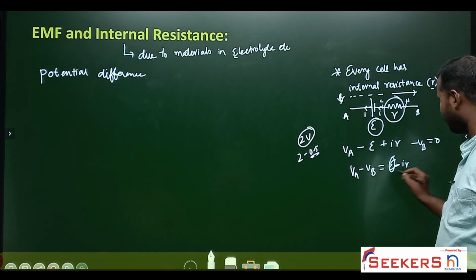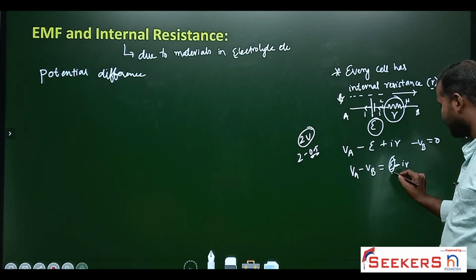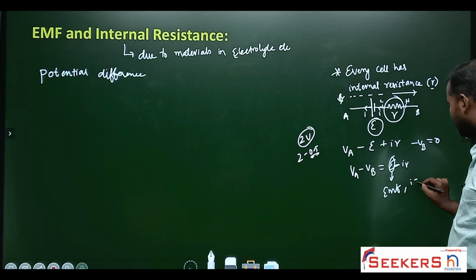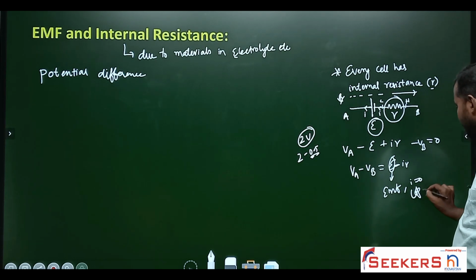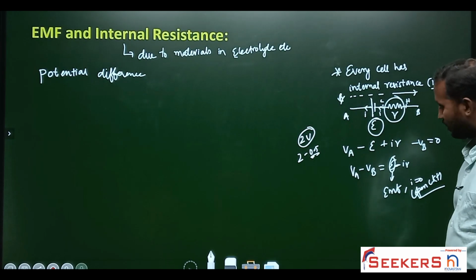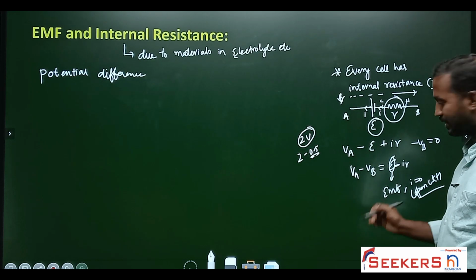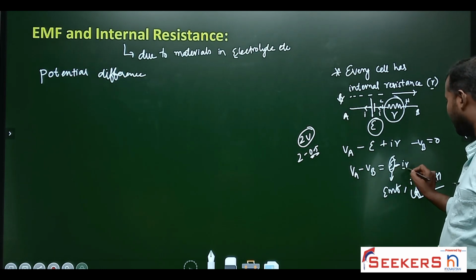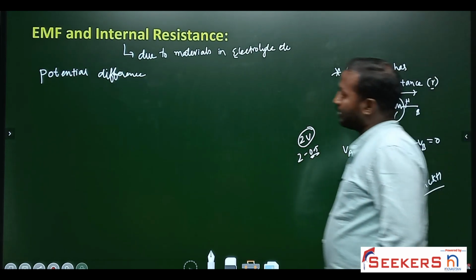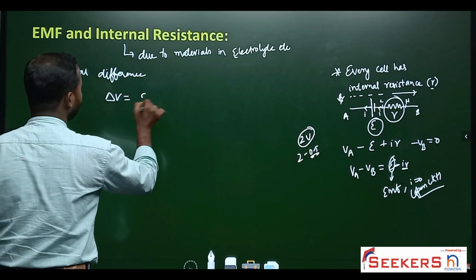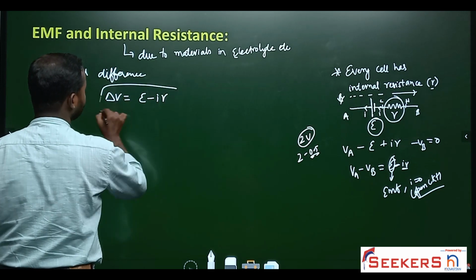Okay, so therefore you can say that EMF is nothing but the electromotive force or potential difference when current equals 0, or I can say it is an open circuit when there is no current existing in the circuit. Whereas wherever there is a current, the potential automatically decreases by IR. Now the potential difference delta V can be written as E minus IR.